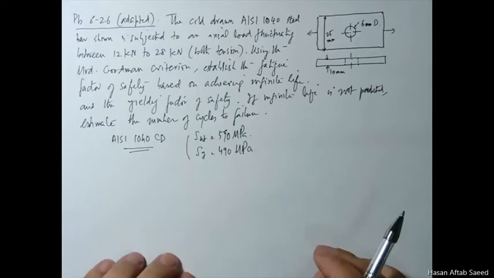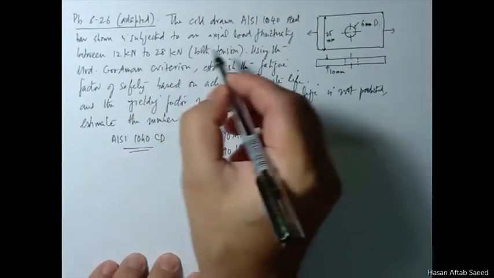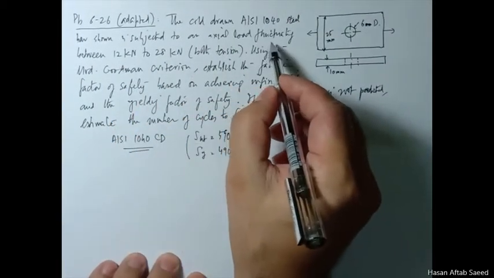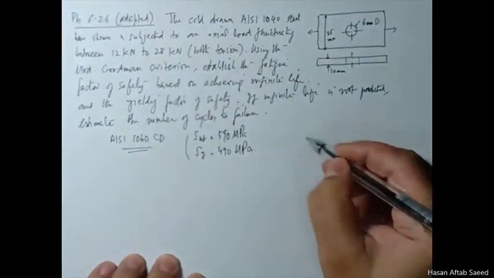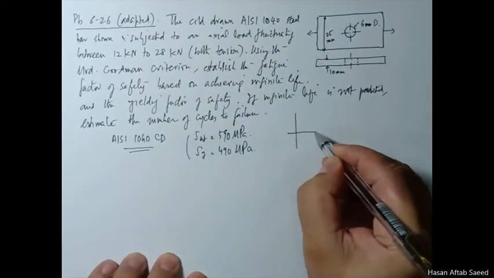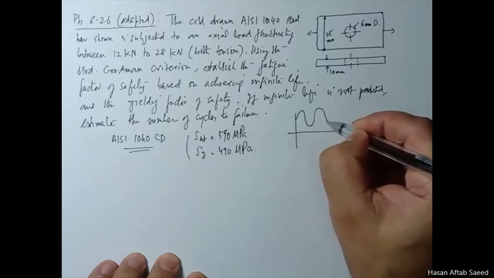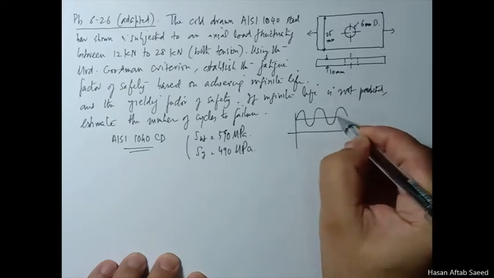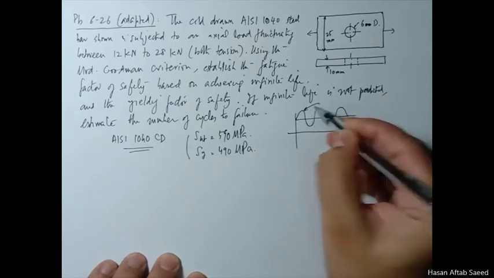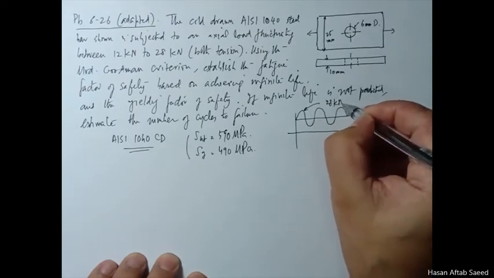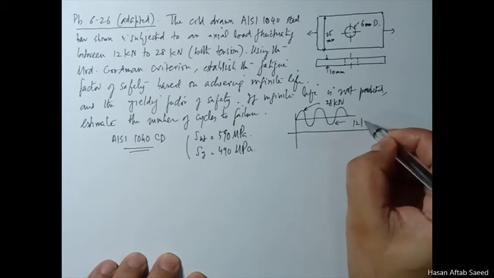Now you have been given an axial fluctuating load, and this load is something like this. If I draw it graphically here, it's something like 28 kilonewton, 12 kilonewton.